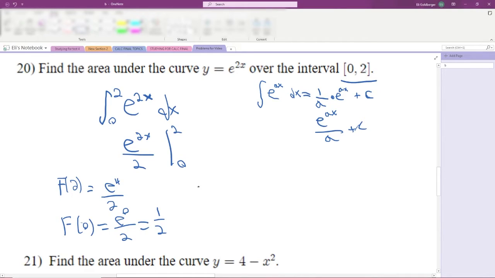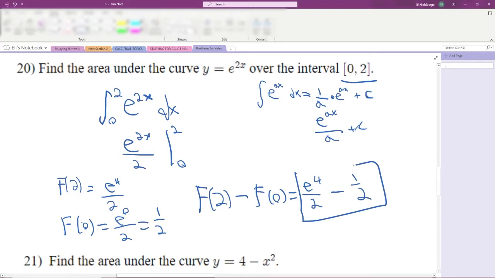So when we apply the fundamental theorem of calculus, f of 2 minus f of 0, we'll get e to the 4th over 2 minus 1/2. So that's our answer for that problem.